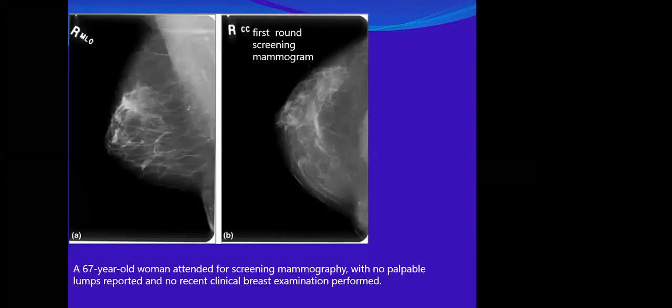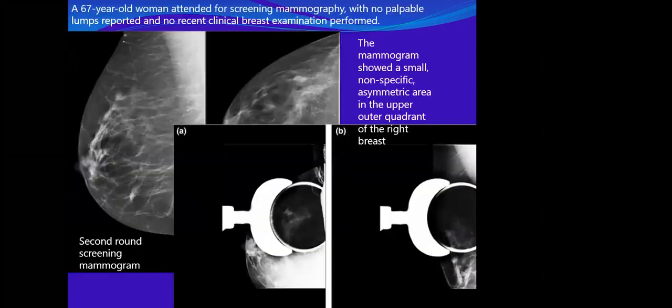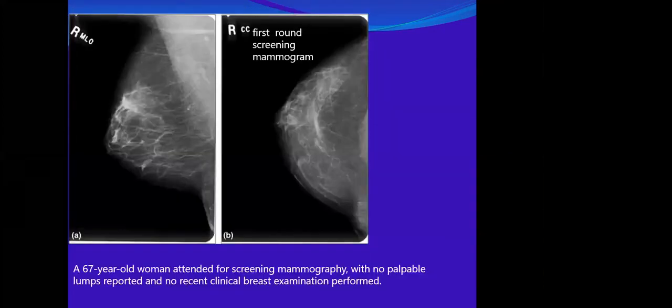That was the first round screening mammography. This is the craniocaudal and mediolateral oblique view of the right breast, showing an asymmetry. Could you appreciate it here?